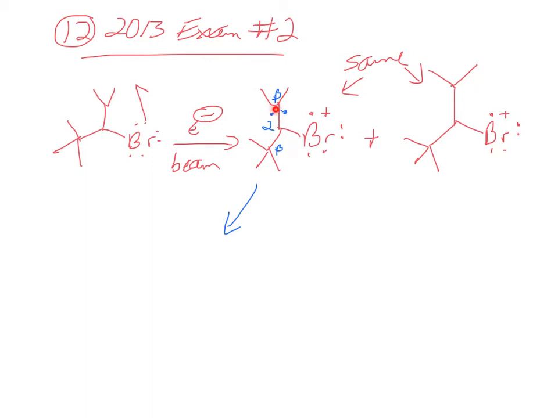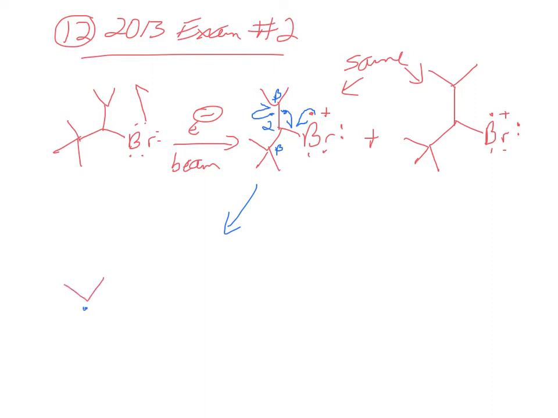When we do alpha cleavages, these are homolytic cleavages, moving one electron at a time, meaning we have fishhook arrows. Also, for an alpha cleavage, you always form a pi bond between the alpha carbon and the bromine or chlorine or oxygen. And the other electron goes to the beta carbon.